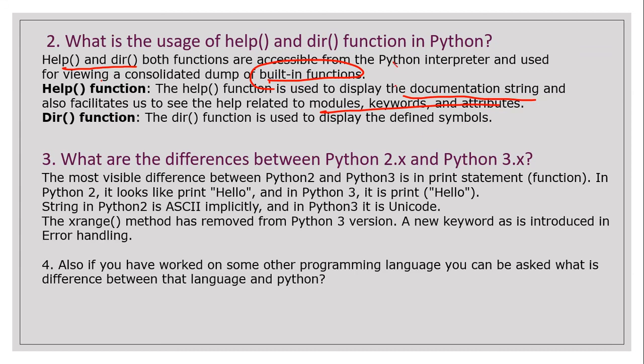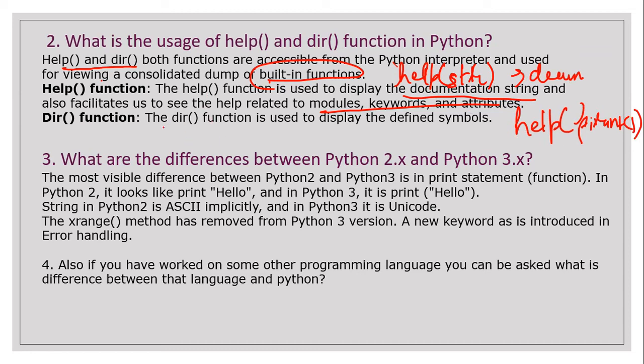You will pass any function or anything you want to know about. Suppose I want to know about str, it will give a documentation of it, like what it is. Suppose I want to know about the print function, I write help print, and it will give me what it is.